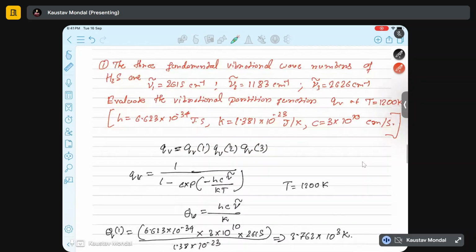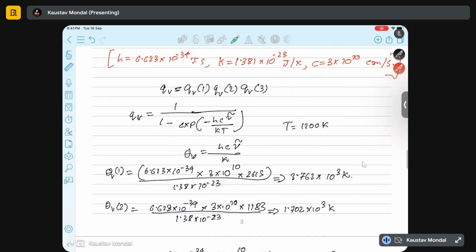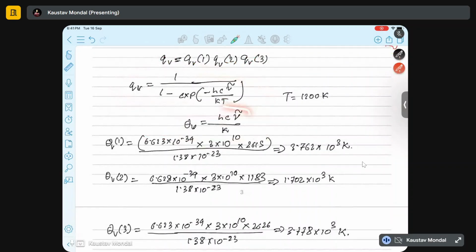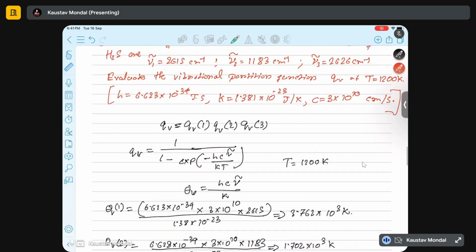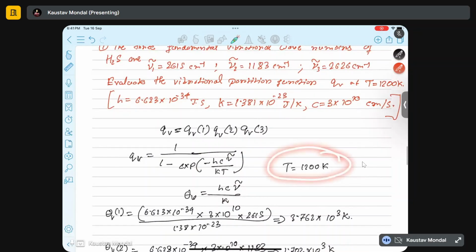So now the next thing we have done, we have written the expression of the partition function QV, where theta v is simply given by this. Theta v is simply h c nu j by k, the expression of theta v, and the experimental temperature T equal to 1200 K is given.